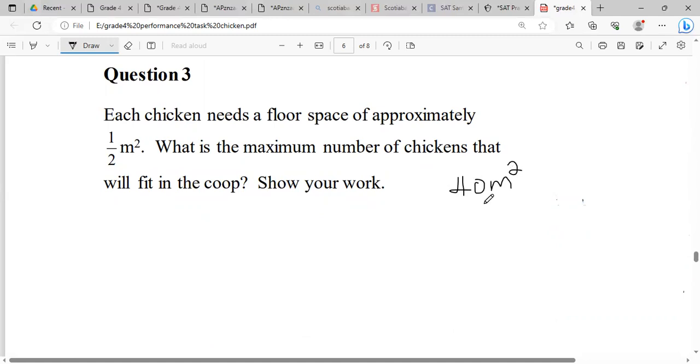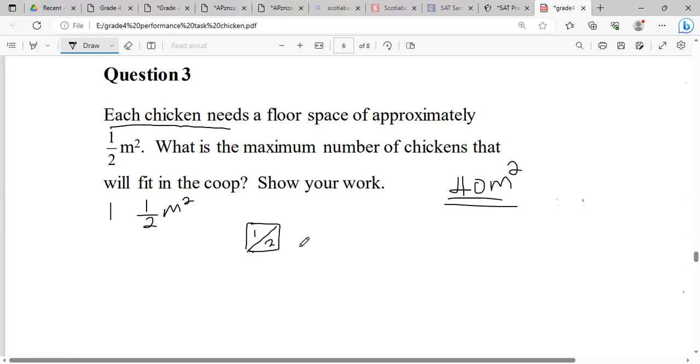So that's the total area, right? Now, as they said, each chicken needs half a meter square. So just imagine this: you have a square and one chicken needs half. So you have one chicken here and one chicken here.